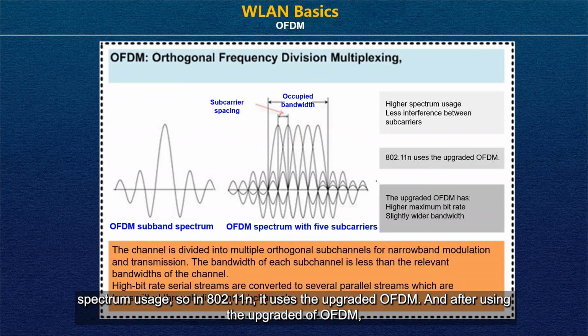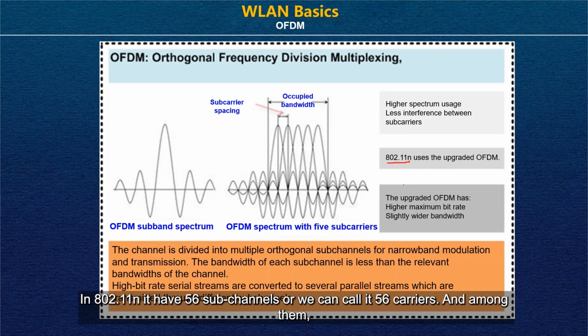So in 802.11n, it uses the upgraded OFDM. And after using the upgraded OFDM, in 802.11n, it has 56 subchannels, or we can call it 56 carriers.